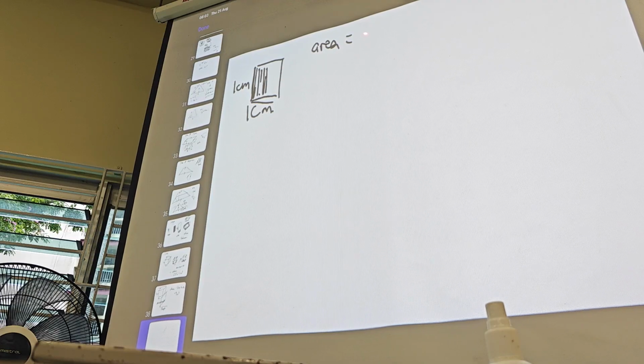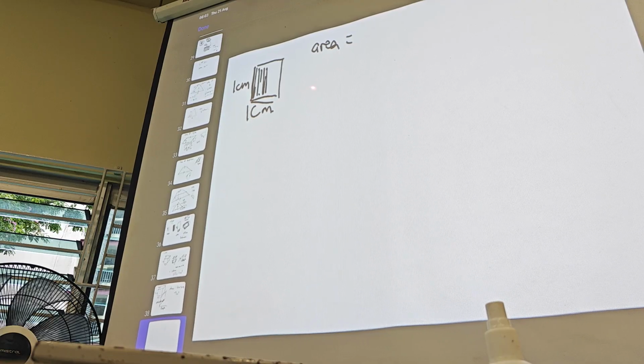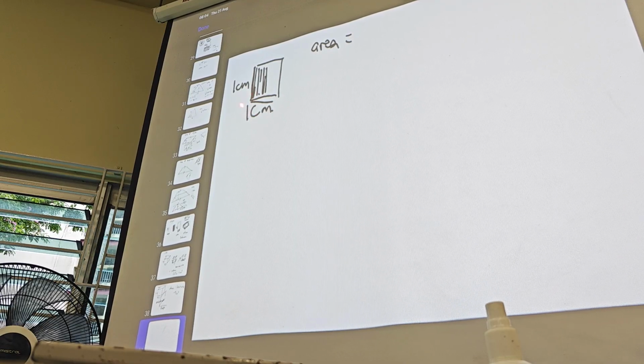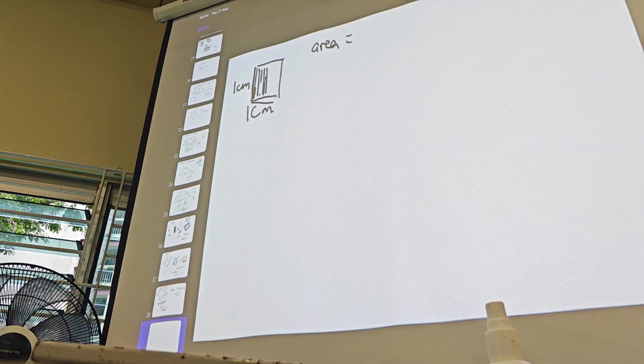That is why when we talk about area, we multiply the sides. So there are 1 cm long of 1 cm. We don't count by how many 1 cm are there, whether 5 or 10, because 1 cm by itself got no thickness at all, got no width at all.